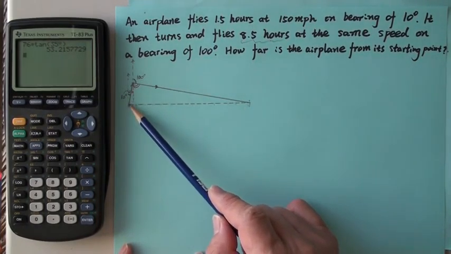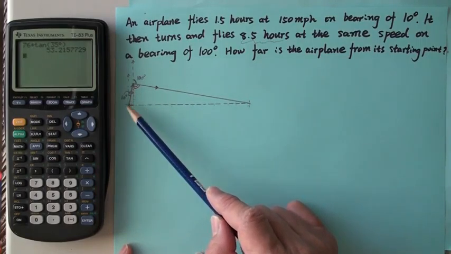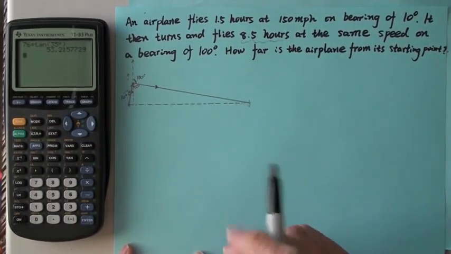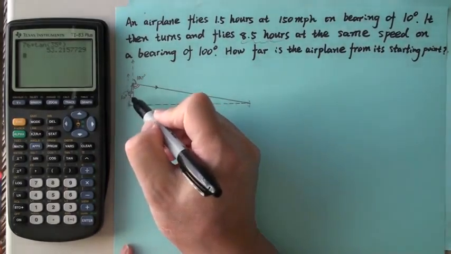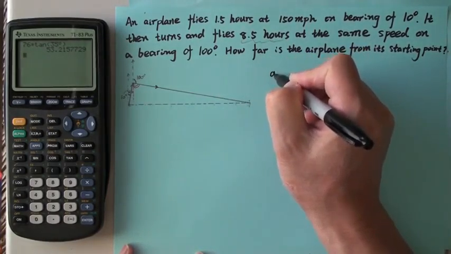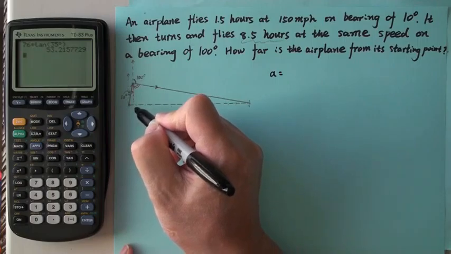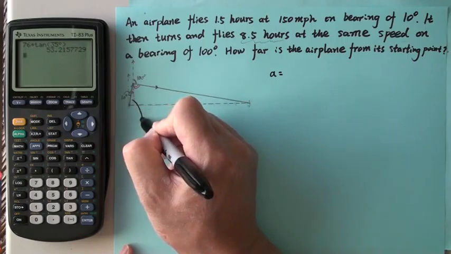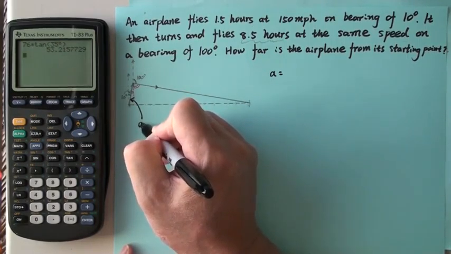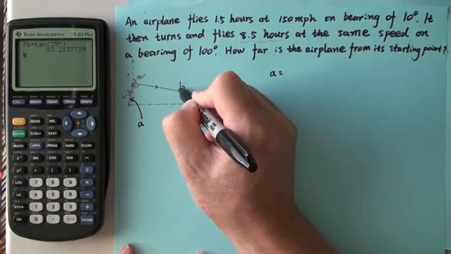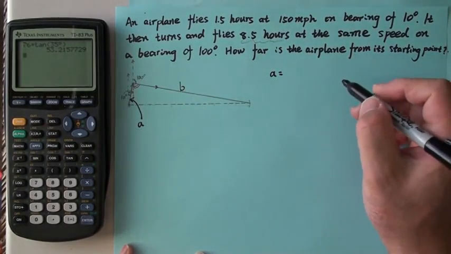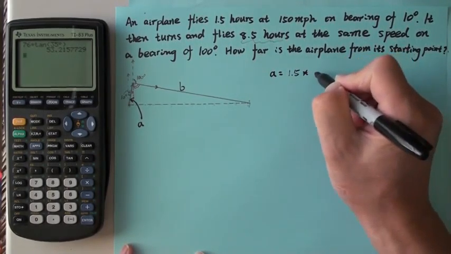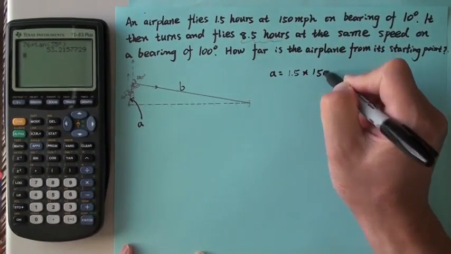Now, first of all, how far is this length? We may mark this length as A. So then we may mark this part as A. Then this part is B. So A is what? A is the time 1.5 times 150 miles.